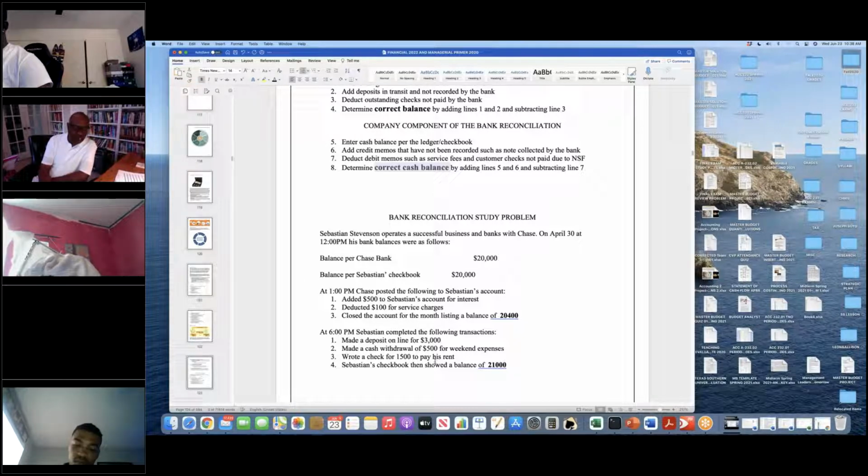So once he put the deposit in for $3,000, and then he took out the cash of $500 and wrote a check for his rent, his $20,000 in his books went up by 3, but down by 2, so he's at $21,000.